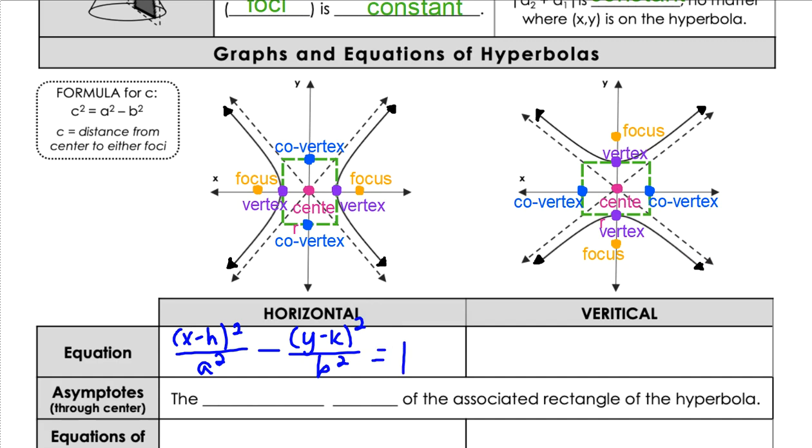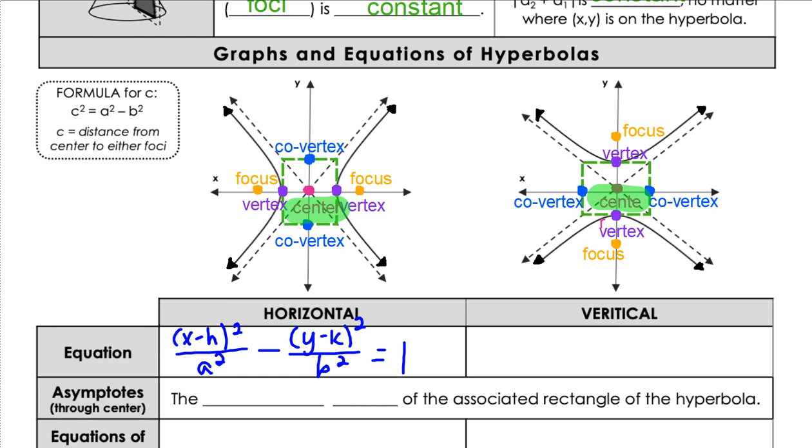Let's talk about where some of those things are coming from. The h and the k represent our center. This center that you see in the middle here, no matter which orientation it has, is where the h and the k are coming from. And our a and our b, we'll talk more about down below when we get into where those are coming from.